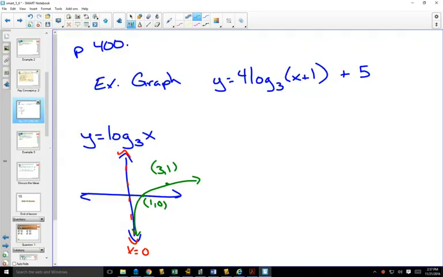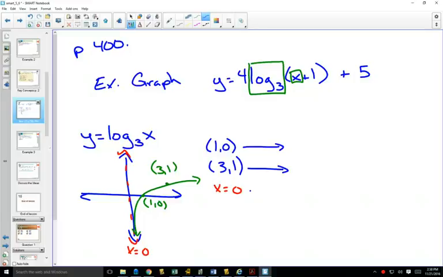So if I go to my equation here and put a box around all of the things that are part of my parent function, that's going to remind me that I don't need to do anything with that 3. That 3 is not going to be a transformation. When moving from left to right, I'm going to hit the 4, then the 1, then the 5. We have (1, 0), (3, 1), and our asymptote x equals 0.